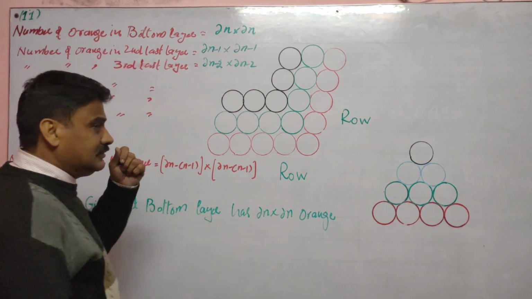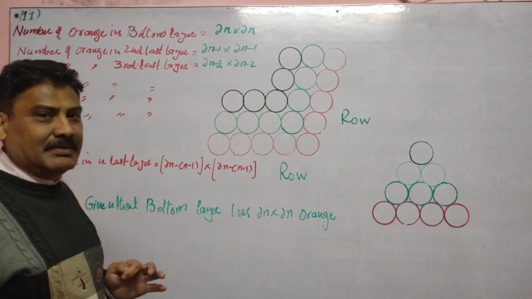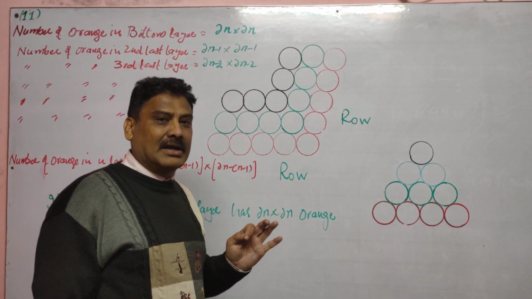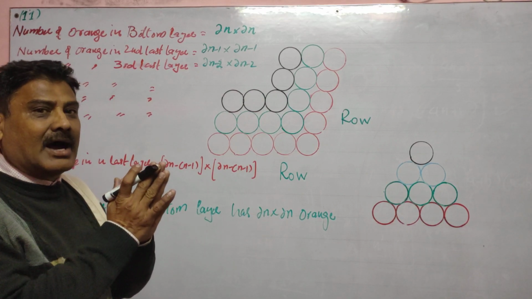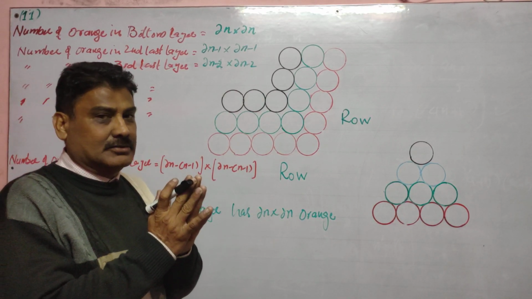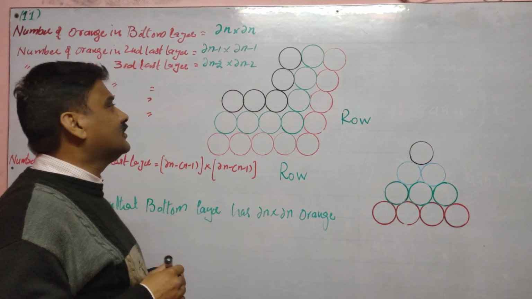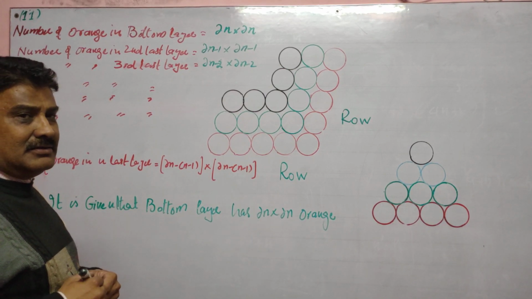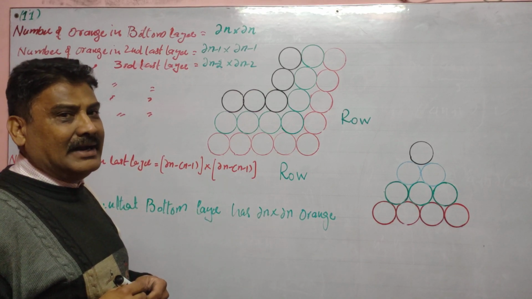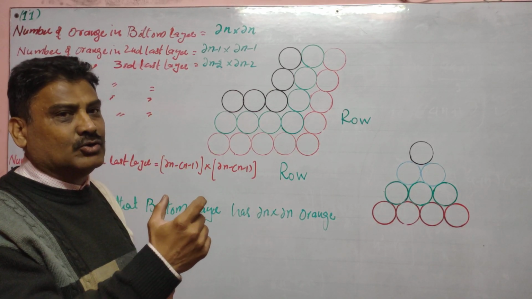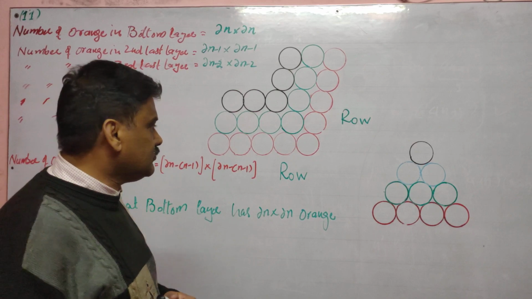In problem 11, we have to find the total number of oranges in a pile, when each layer of the pile is in the form of a square and each side of a square is reduced by one orange.